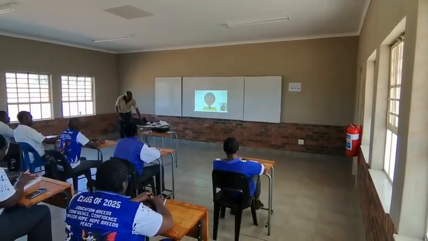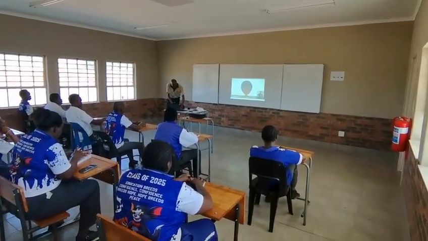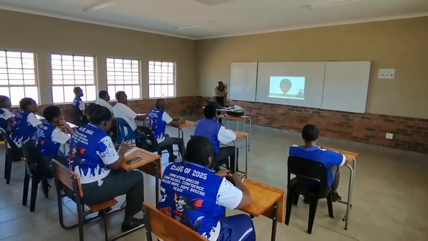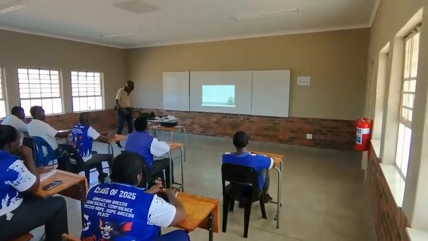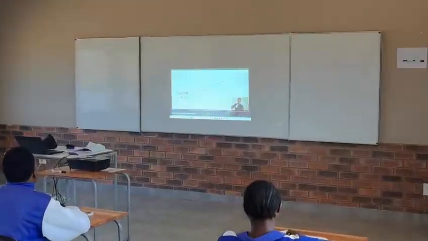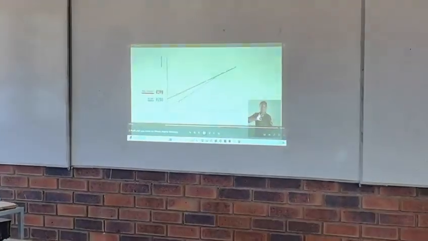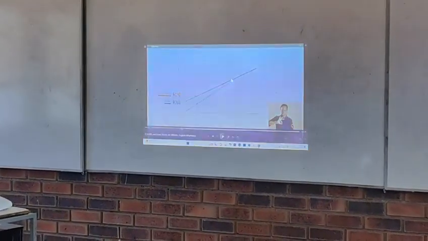Let me go back a bit. There is something in here that I would like us to see. These two lines. Remember, we did graphs, isn't it? Yes. What is this point?